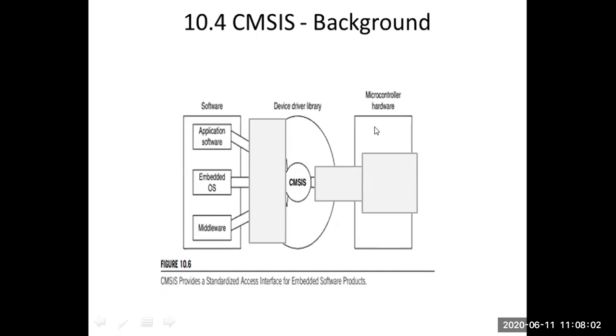Embedded OS is the operating system for developing embedded applications, and middleware. All this will be communicated with CMSIS. How the communication is done and how the relation with the hardware is established, we'll see.